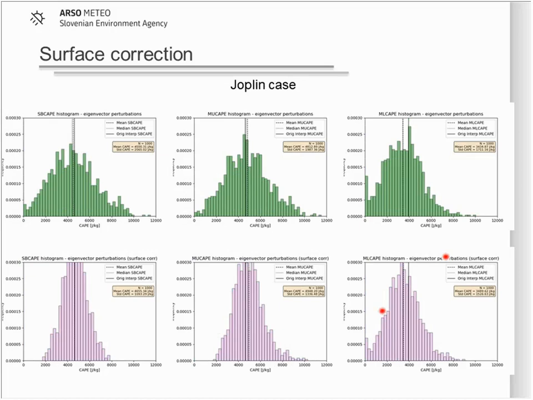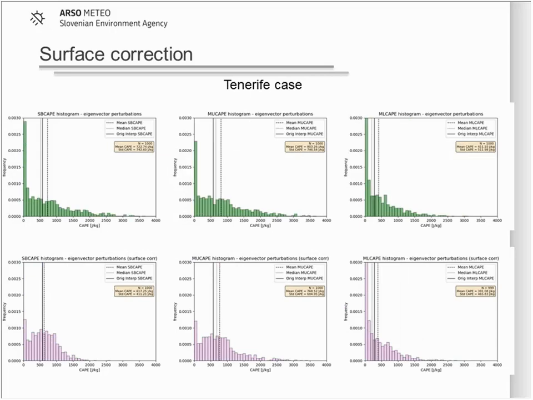That's why this correction doesn't have so much impact on the mixed layer CAPE. Again, for the Tenerife case you can see that it has a lot of impact. Here we don't have so many zero cases. The distribution gets a peak about the original CAPE value, and not so many zero CAPE values.